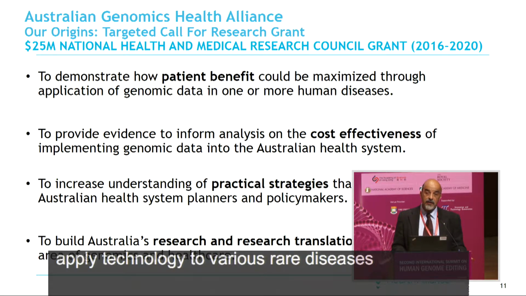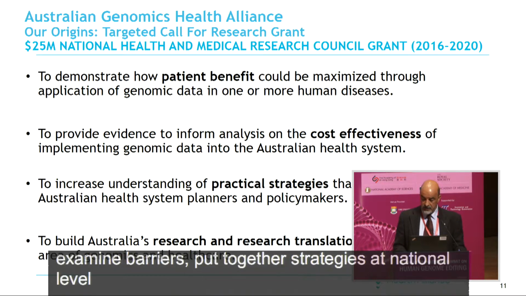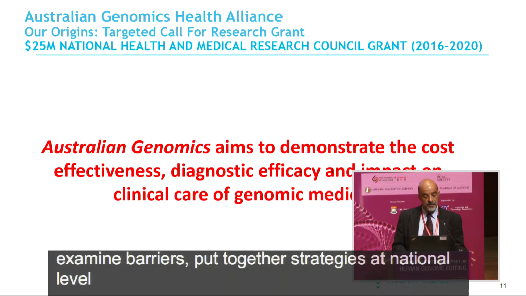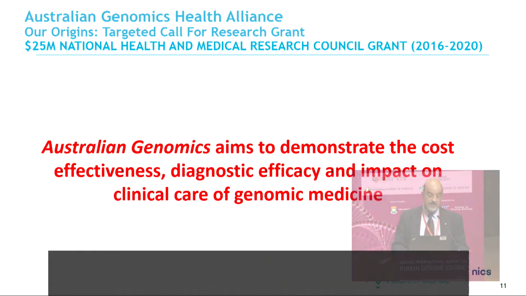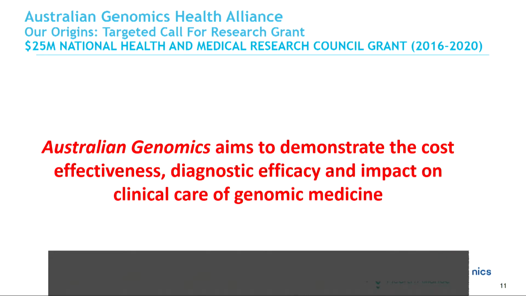And a secondary outcome of this project is that we are enhancing the research capabilities and gene discovery capabilities across the country. So Australian Genomics really aims to demonstrate the cost effectiveness and diagnostic efficacy in the delivery of healthcare at scale.